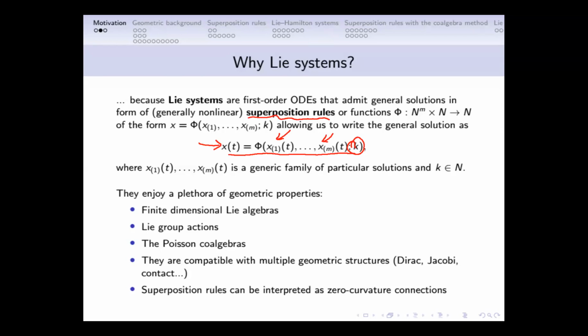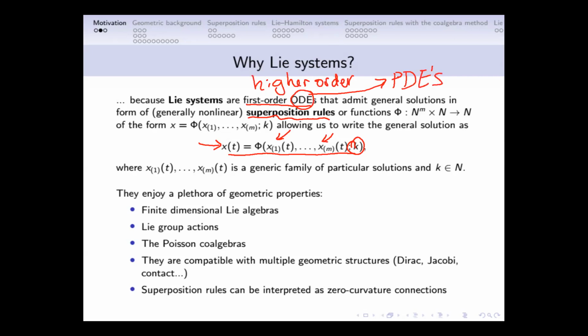One feature about these Lie systems is that at first, they are first order ODEs. But we will see that this can be generalized to higher order as well. And also, there is an ongoing theory to apply them to PDEs, but this is still being constructed.